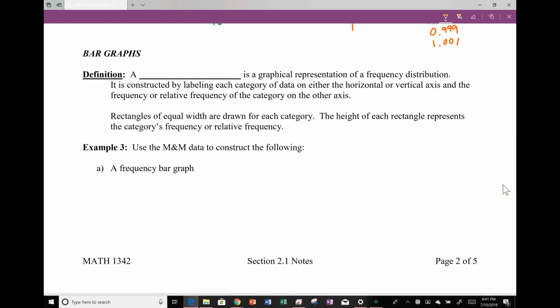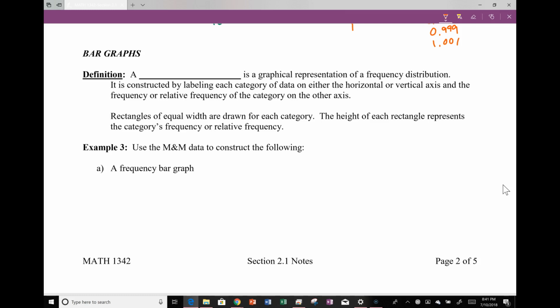In the previous videos, we have started discussing qualitative data, and we constructed frequency distributions. We calculated the relative frequency. We counted how many there were. The table is great in a way.